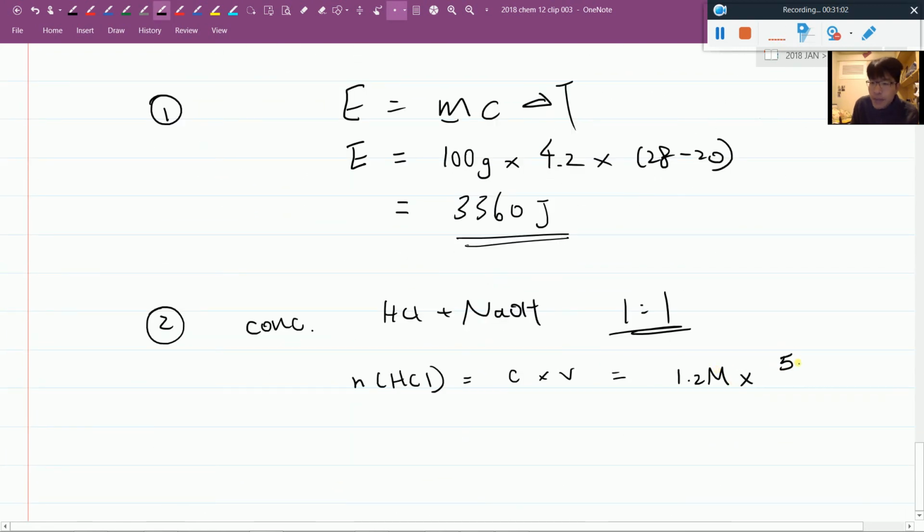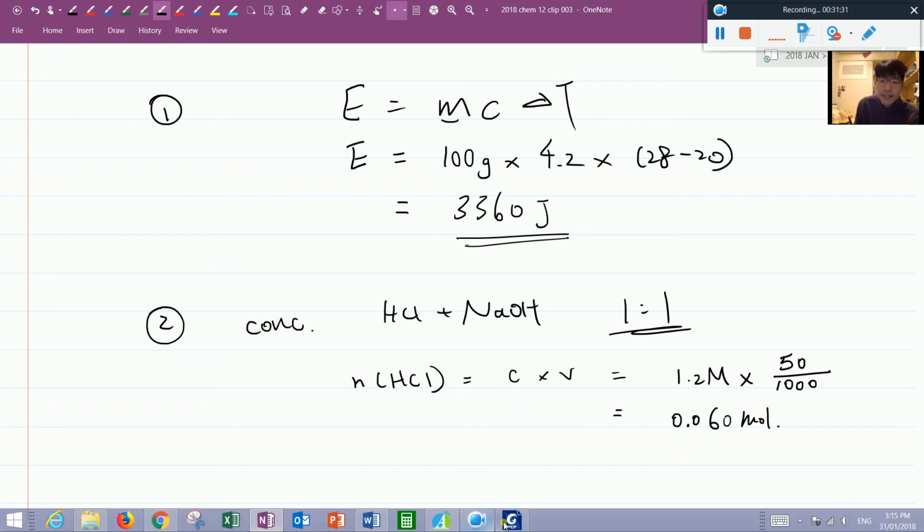Do you times it by 50 straight away? No, because it has to be in liters. You need to divide it by 1,000. Let's double check.